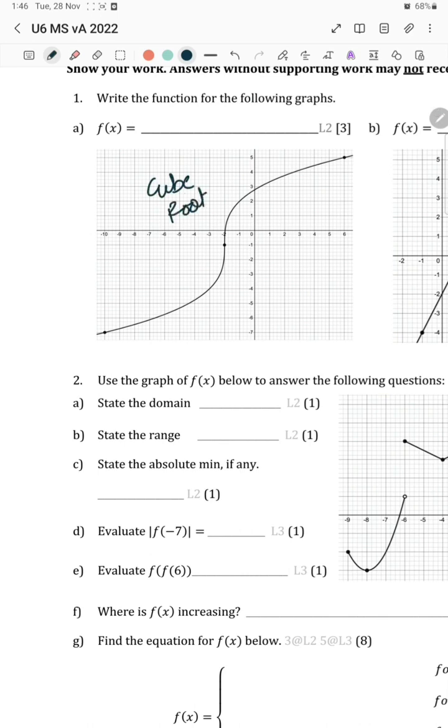So it's going to be minus 2, minus 1. If I'm getting clear, we can take this point.